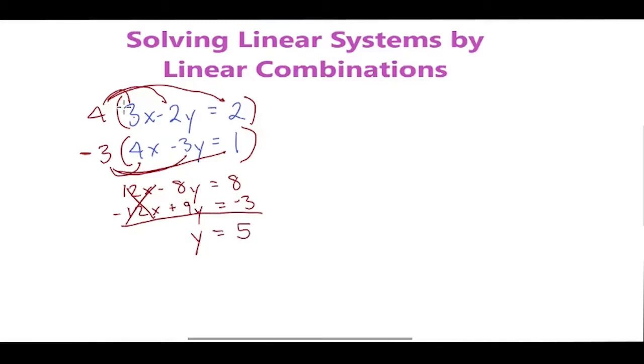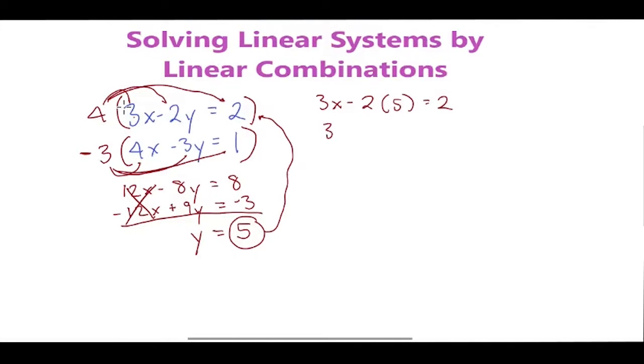So y is 5. I will take this value for y and plug it into either one of the original equations. I'm going to choose to plug it into the first equation. So I have 3x minus 2 times 5 equals 2.